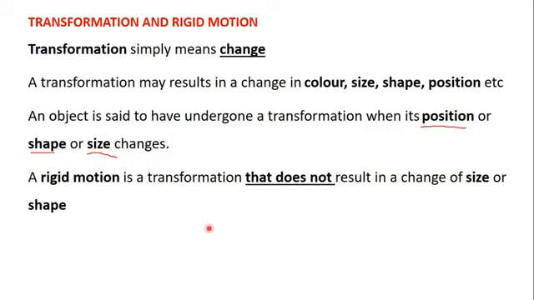So whenever an object undergoes a transformation and that transformation does not result in a change in size or shape, that transformation is known as a rigid motion. A rigid motion is a transformation that does not result in a change in size or shape.